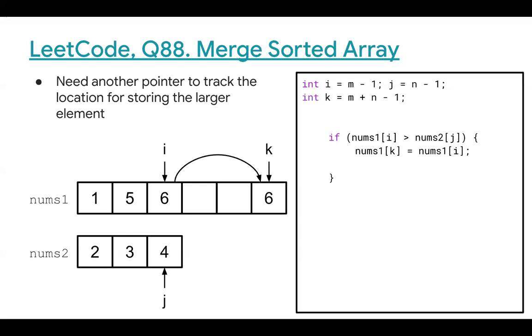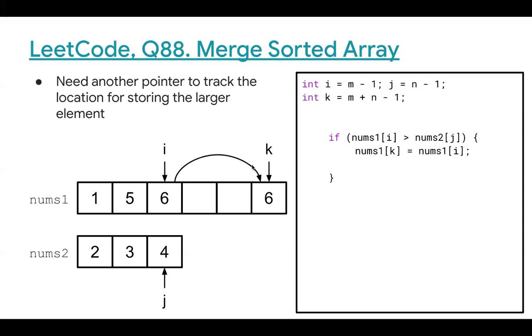And as you can imagine, afterwards we may have to place other elements towards the end of the first array as well, similar to this step. So we will need another pointer so we can keep track of the location for storing those larger elements. Right? So here I create the third pointer, which is called k.